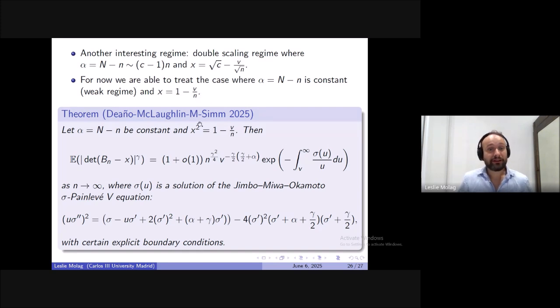And there we show that if you look at the moment of the characteristic polynomial, you get a formula like this. You see over here, where this sigma is a sigma Painlevé 5 type function. So it satisfies this Painlevé equation here. There are also certain boundary conditions that depend on alpha and gamma, but I'm omitting them over here.